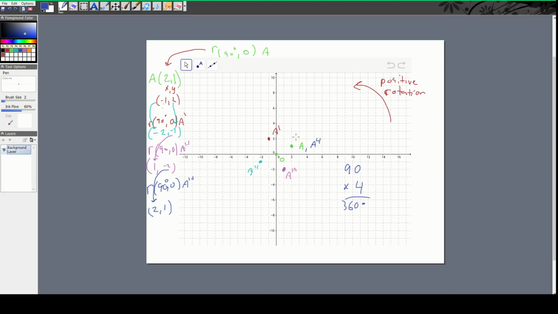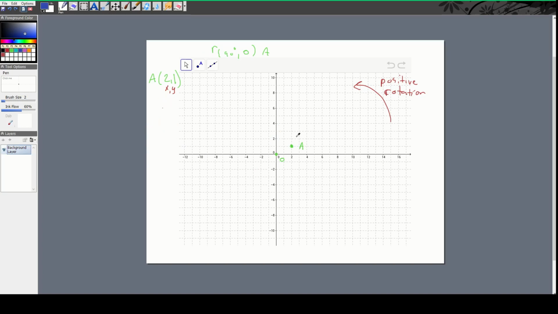All right, let's try a different one. I don't know if it's going to let me erase all this. Probably not, maybe. All right, let's try rotating A 180 degrees by that rule chart over there. Come on, buddy.